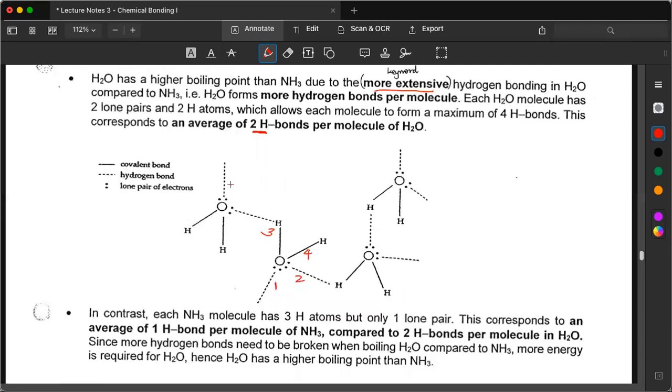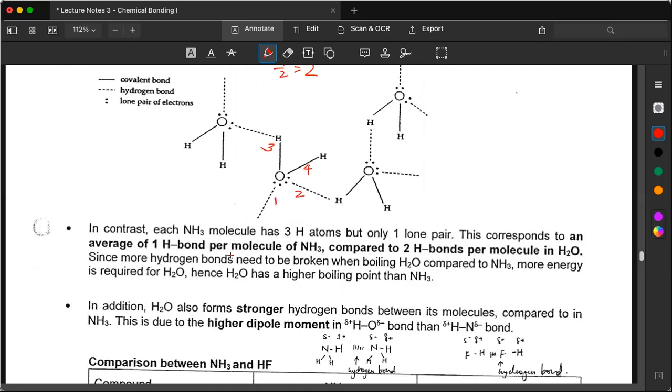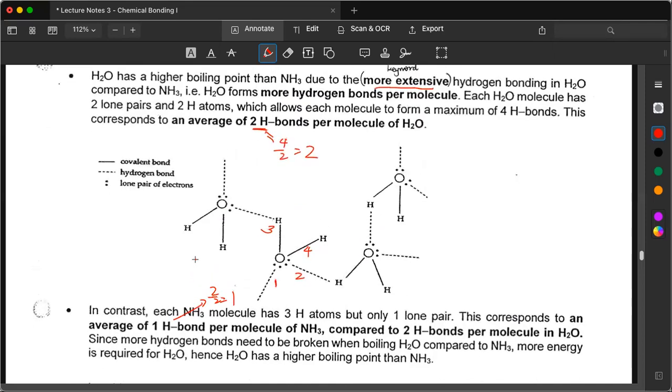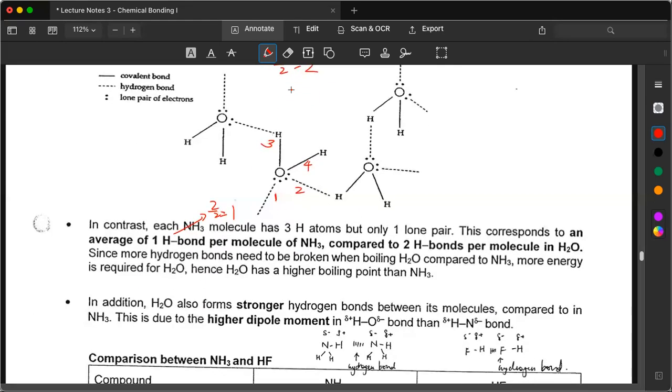Maximum each molecule can have is 4, but on average it is divided by 2, because the 4 is shared between 2 water molecules, so you take 4 divided by 2 to give you 2. Nitrogen in NH3 is only 2, because only 1 lone pair, so it's 2 divided by 2, 1. So more hydrogen bonds need to be broken when boiling water, so more energy required.